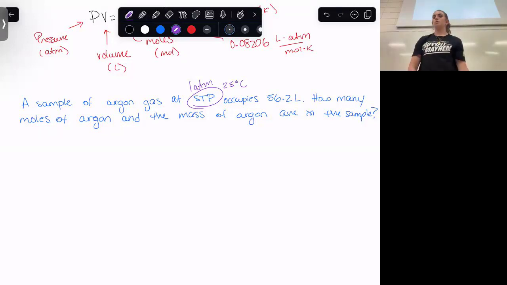STP at 25 comes later in the semester. Right now it's 0, but we're going to pretend STP right now is 25 degrees Celsius, just for the sake of the question.